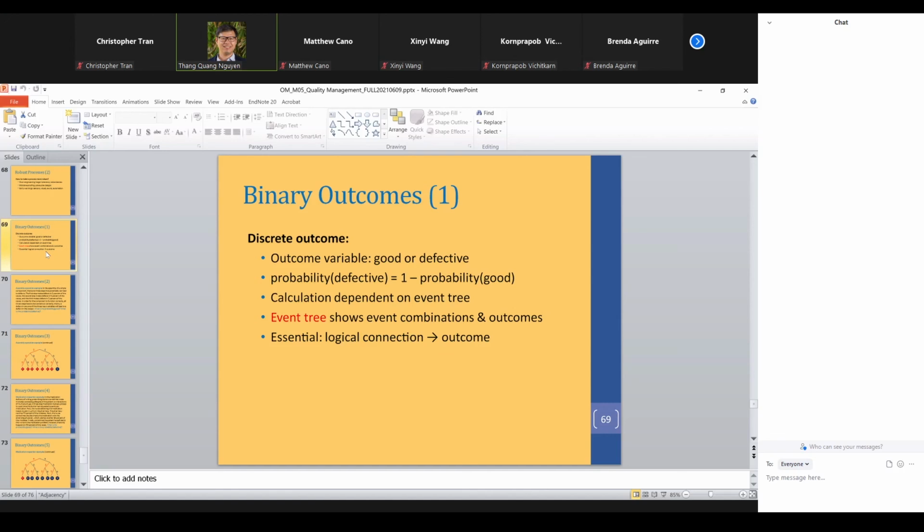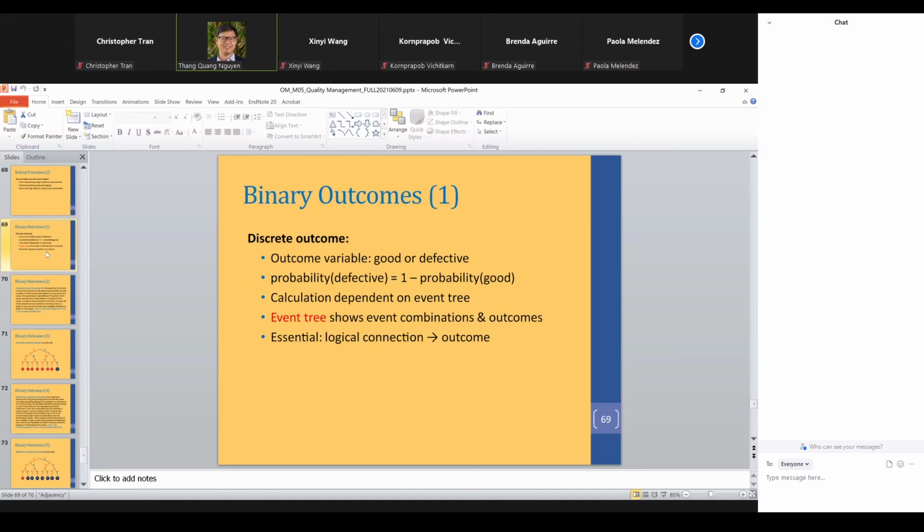So a lot of things that we see in real life have only two possible outcomes, right? Good or defective, right or wrong, things like that. So that can be applied to manufacturing, right? The keyboard that I just showed you is in manufacturing, but it can be in services too.